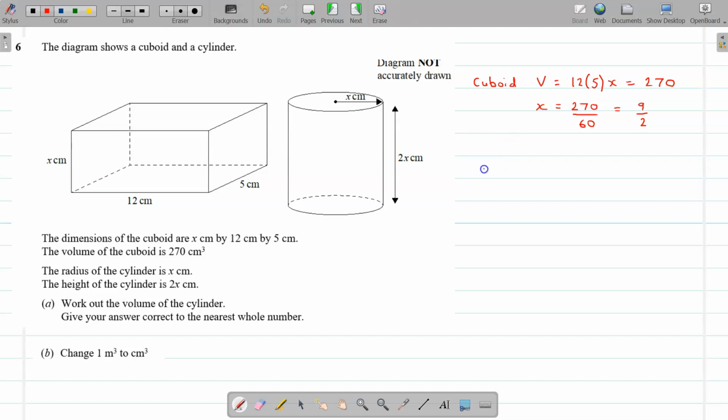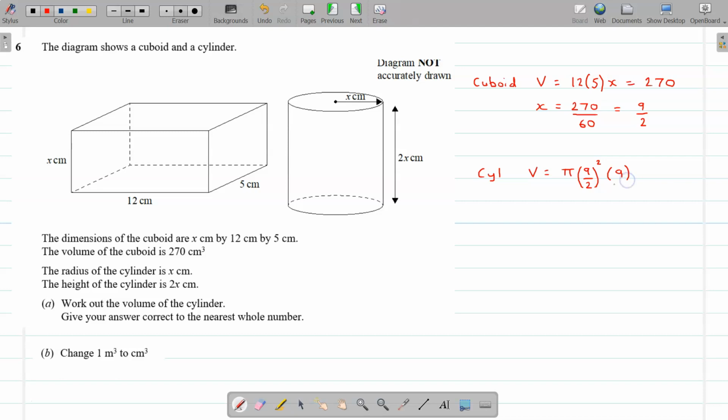So for the cylinder, I'm just going to say that the volume is pi r squared times the height. So it's pi times the radius squared, times the height, and the height is 2 lots of 9/2. Well, that's just 9.